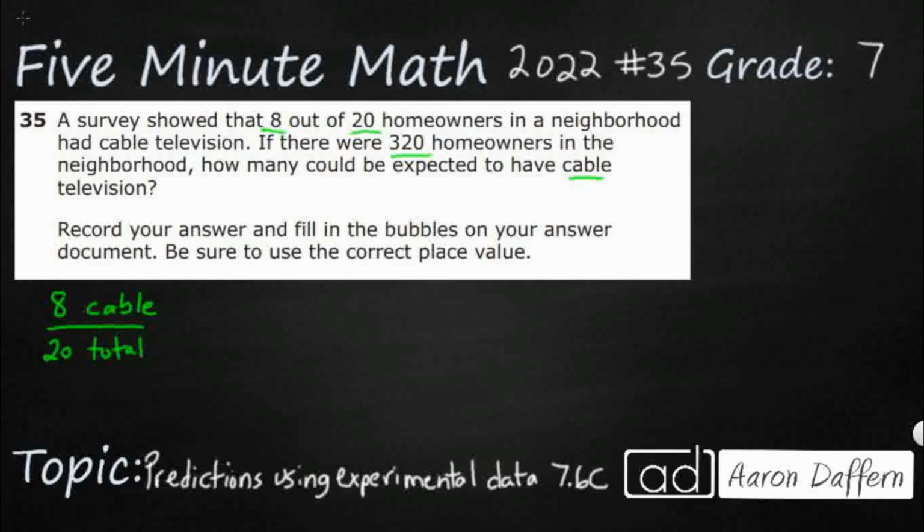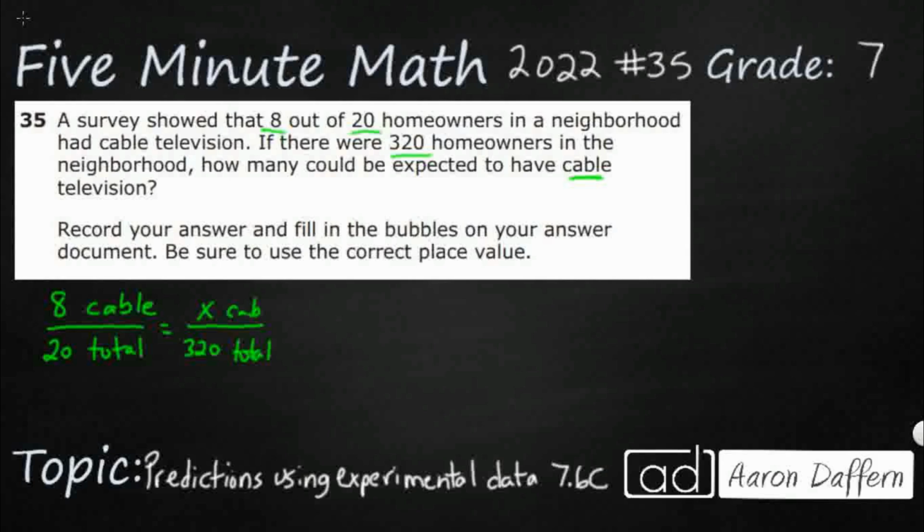We're going to set up the proportion, and it's going to look like an equivalent fraction. If there were 320 homeowners, that's my total, 320 total. Let's just put x for how many had cable. That's my missing.